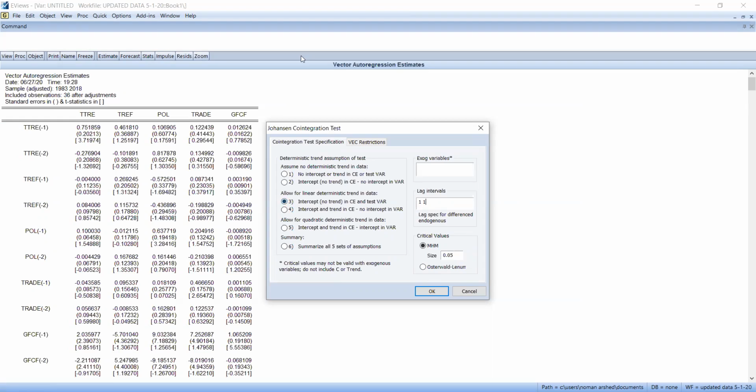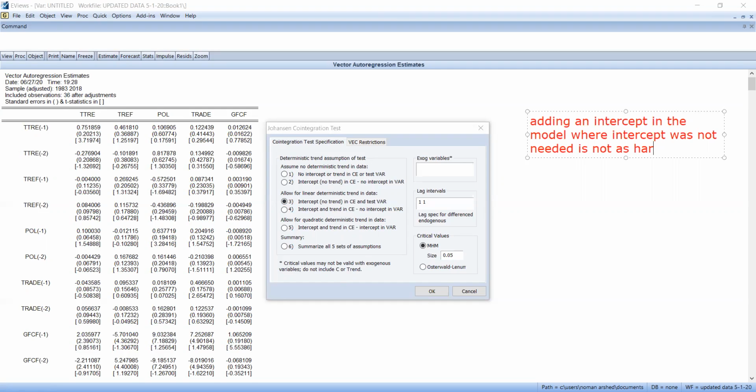It is mentioned in a Gujarati econometrics book that adding an intercept in a model where the intercept was not needed is not as harmful as not adding an intercept where the intercept was needed.